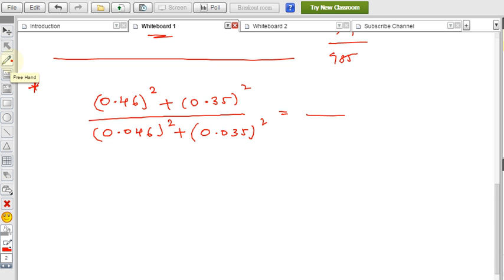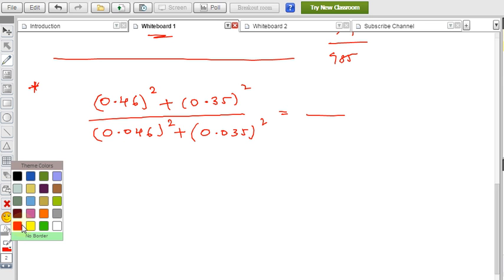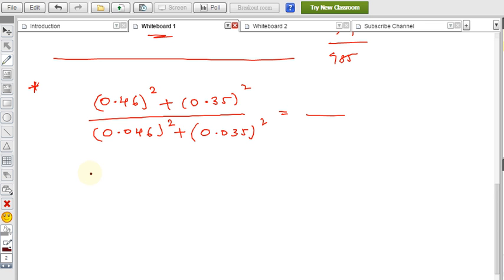Now I'll explain two methods. First, if you do the normal process according to the operations of mathematics, 0.46 square is the numerator, 0.35 square the same thing, by this one.